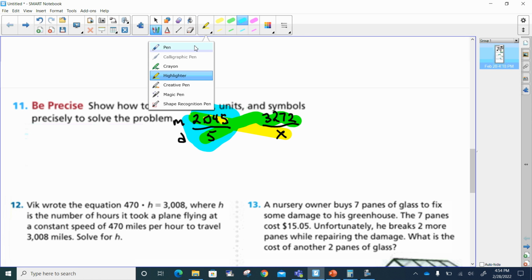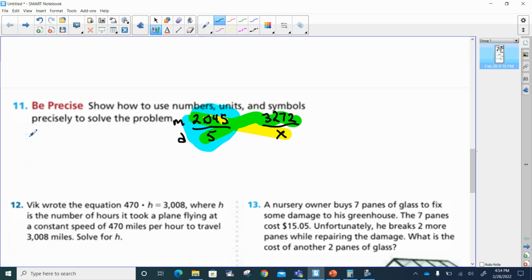So we're going to take 2,045 and divide it by 5. That'll tell us how much we travel in 1 day. Right? Because if we divide this by 5, we have to divide this by 5, because we can only divide and multiply by 1, right?